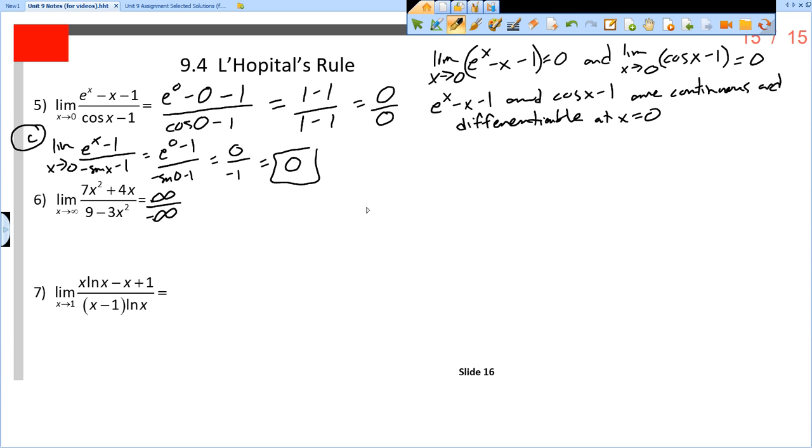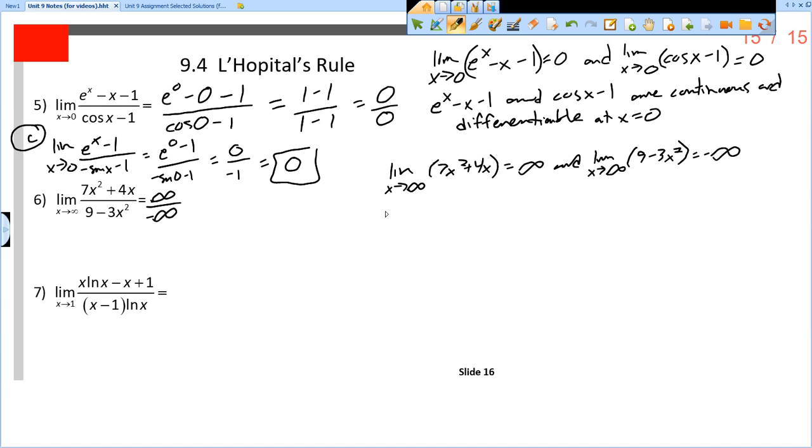And so what must we state? That the limit as x approaches infinity of 7x squared plus 4x equals infinity, and the limit as x approaches infinity of 9 minus 3x squared equals negative infinity.